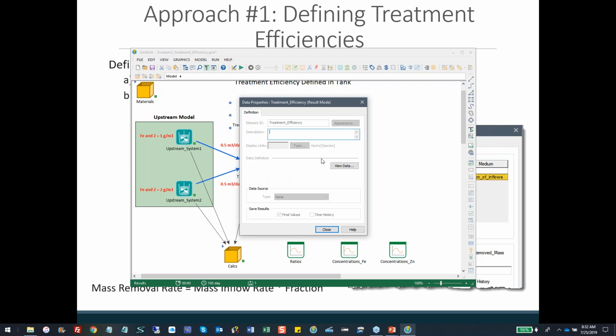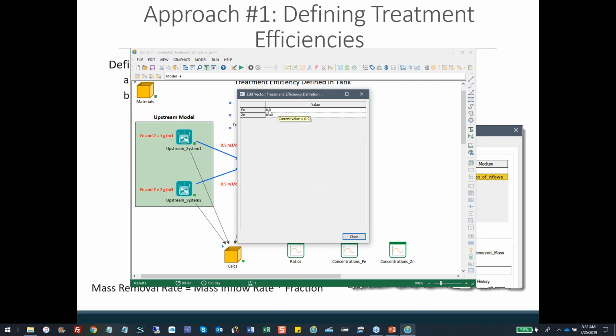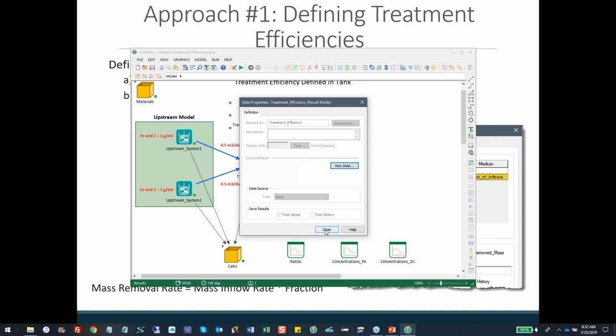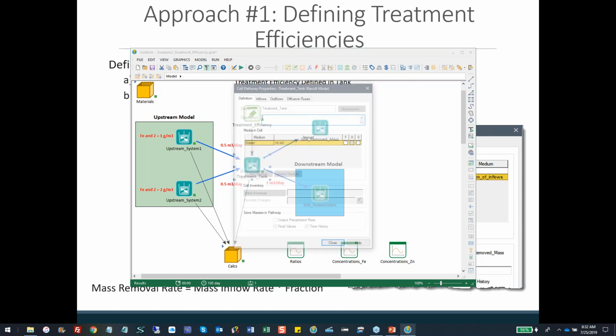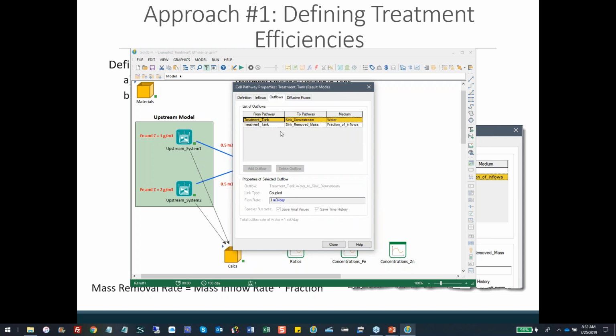By the way, my treatment efficiencies were 90% of the iron should be removed, 99% of the zinc should be removed. That's what I've told GoldSim. So that was the link right here. I had this outflow that says a treatment efficiency. It's a fraction of inflows type of link, and it has that treatment efficiency.